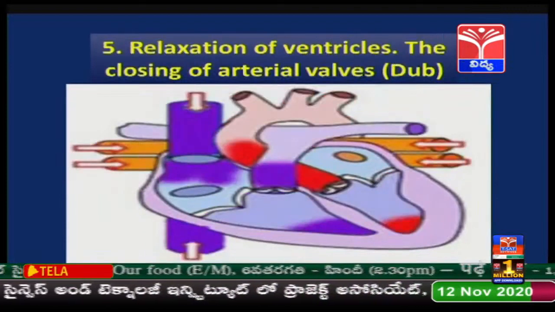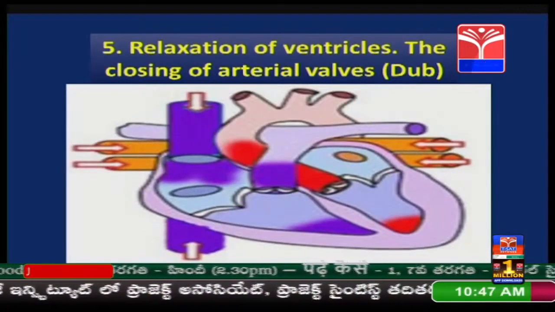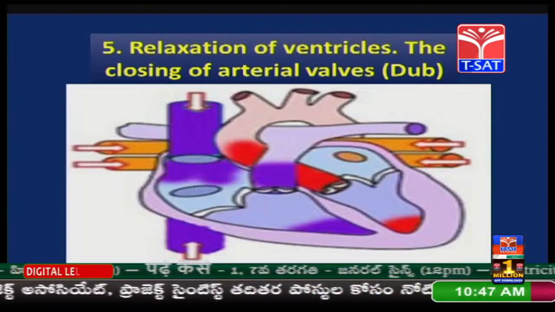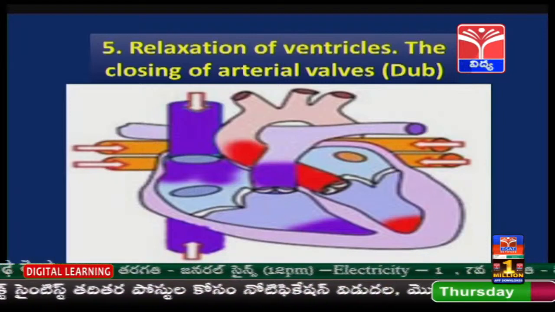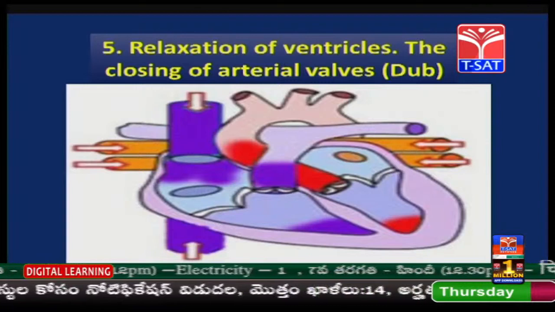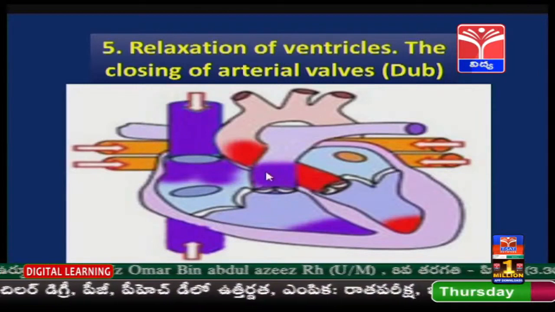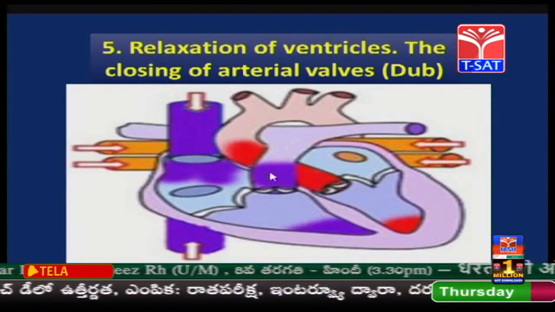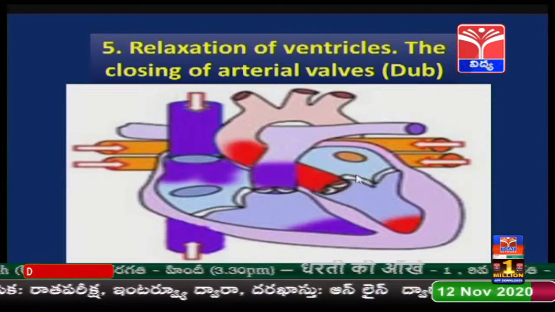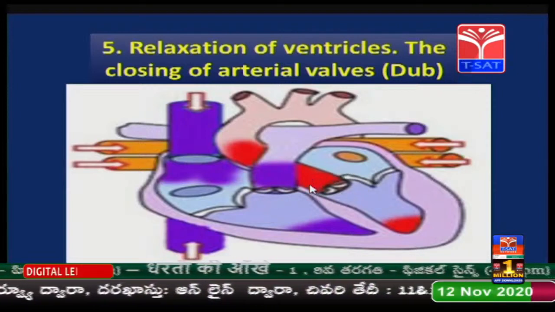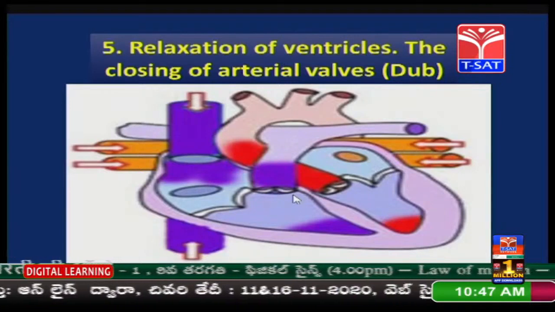When the ventricles pump the blood into the pulmonary artery and aorta, they start relaxing. When the ventricles start relaxing, the valves present between the ventricles and the pulmonary artery and aorta close to prevent the backward flow of blood.